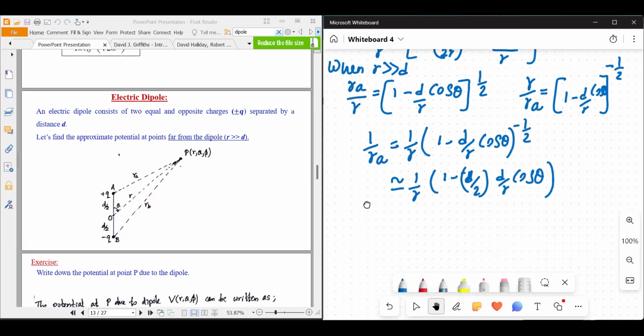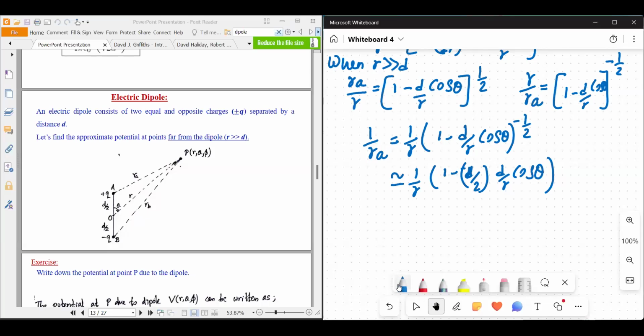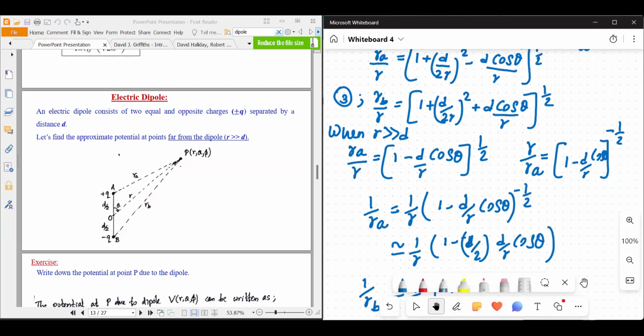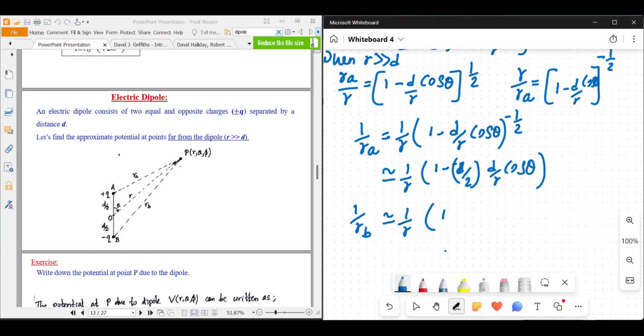In the same way, we can write 1 over RB approximately equal to 1 over R, and for RB we have here plus half D over R cos theta.